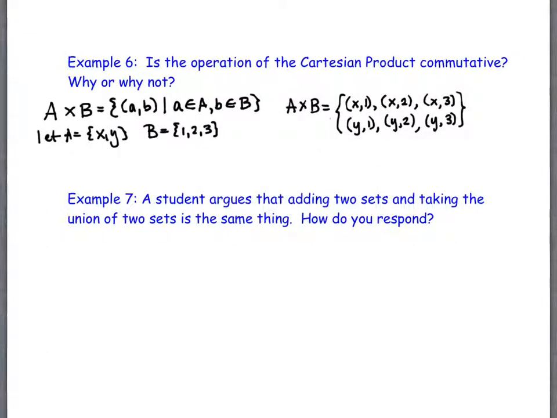Okay, so this was A cross B from the previous slide. And now we're going to do B cross A. What would B cross A look like?